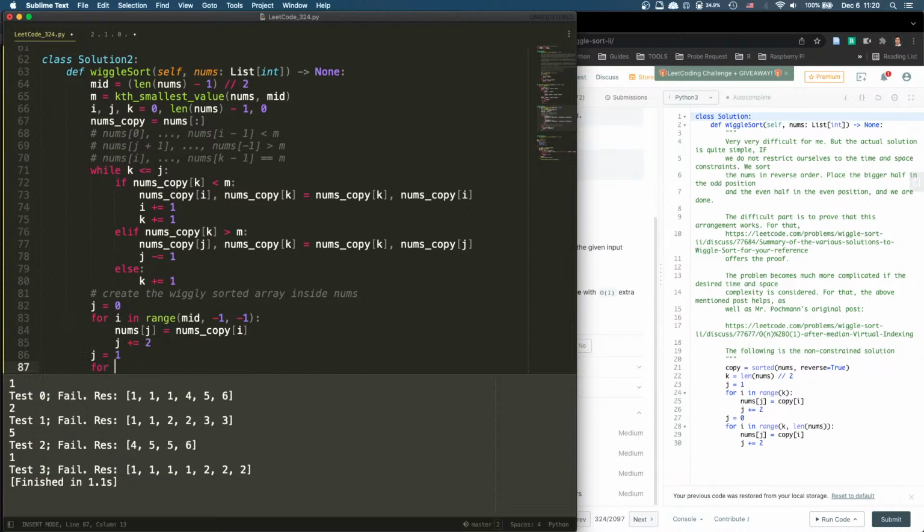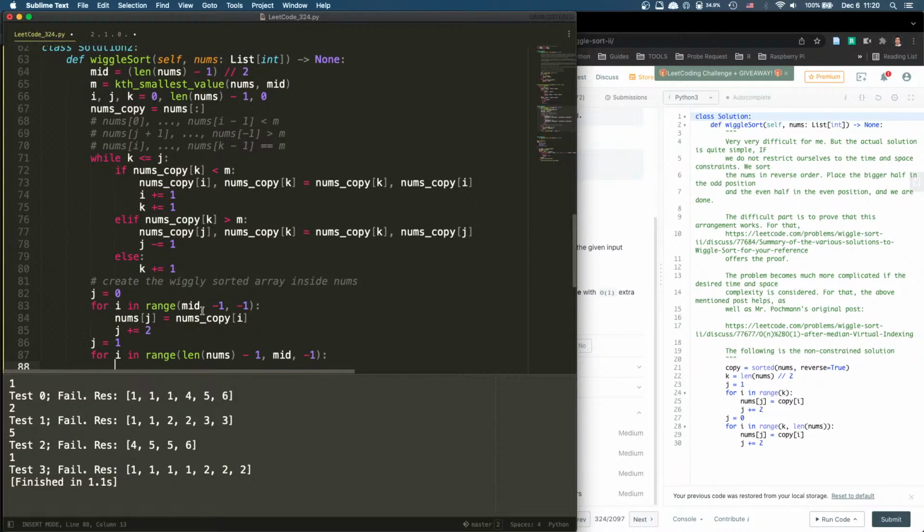Now we're gonna do odd again for I in range, but now we're gonna go from len nums -1, right? We'll go from len nums -1. That's the bigger value, all the way down to mid, but not including mid.